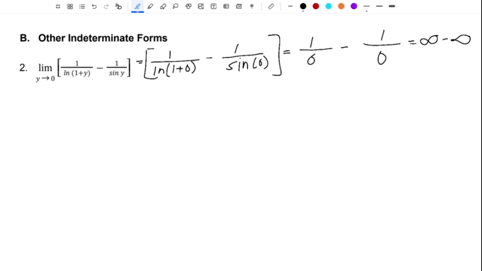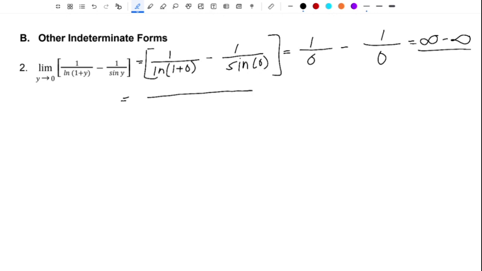But since it is kind of tricky to use, we can rewrite our given into something that is easier to solve. This is just for our first try. We got this indeterminate form, and let's try to solve this in a different way by rewriting our given.